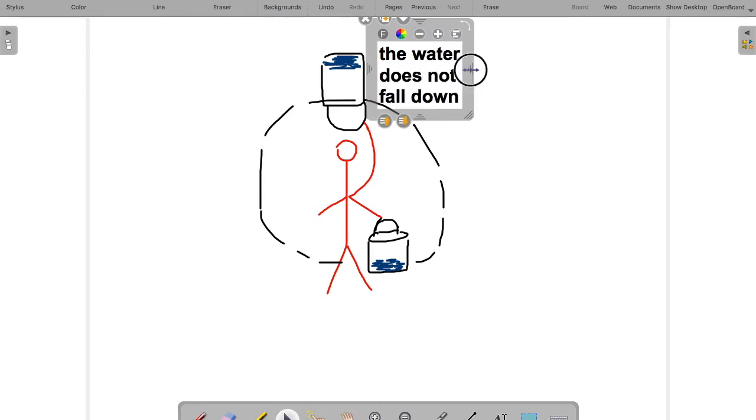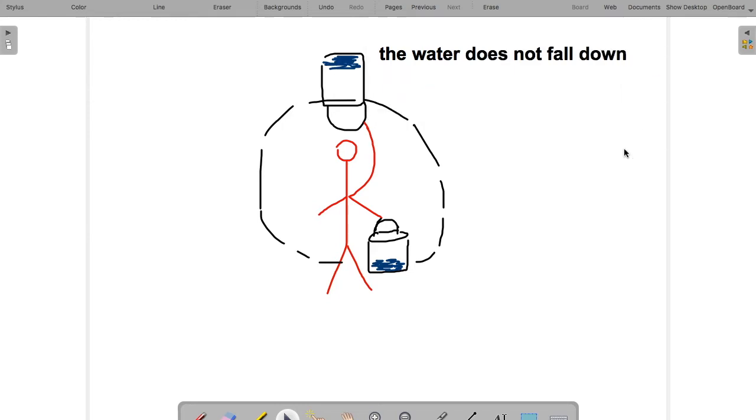And why does it not fall down? Well, basically because although there is the weight of the water, so the gravitational force, in fact there is another force that pushes it back, and that's the centrifugal force.